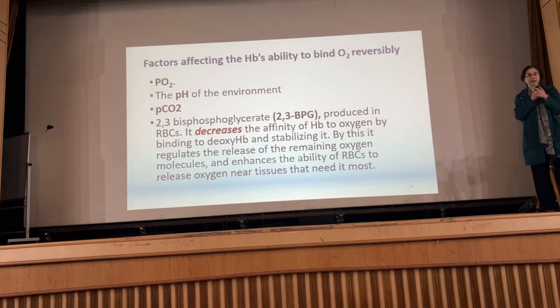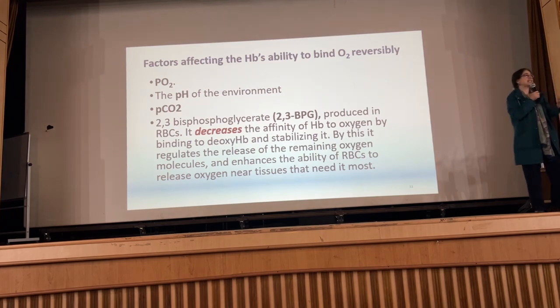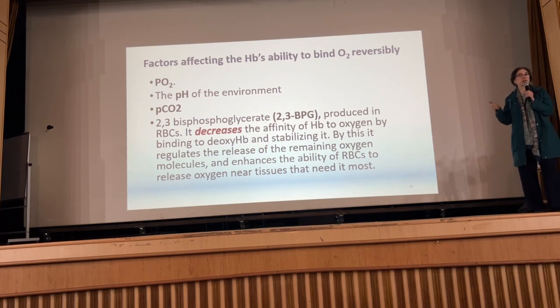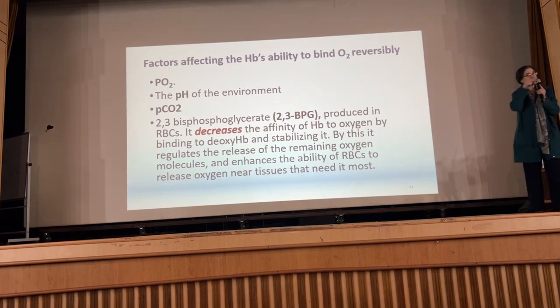But what else? Well, CO2 has a role. CO2 is already made in the cell as a result of glucose breaking down, and other biochemical processes. So CO2 binds the hemoglobin not in the place of oxygen, but in another place, and that also encourages the release of oxygen.